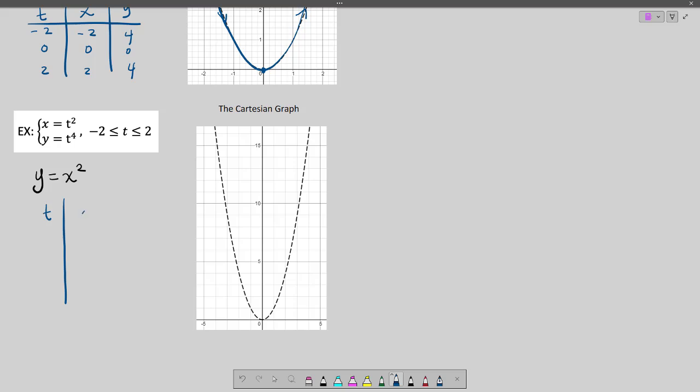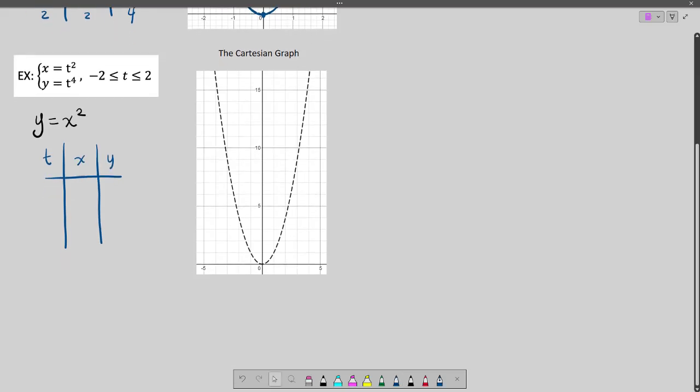So let's take a look at our specific values for this parametric curve. Again, we need t equals -2 and 2. We need the endpoints, but we'll pick one extra point in the middle. Okay, the x's are now 4, 0, 4, because we're squaring t to get x. And then we're squaring x to get y.